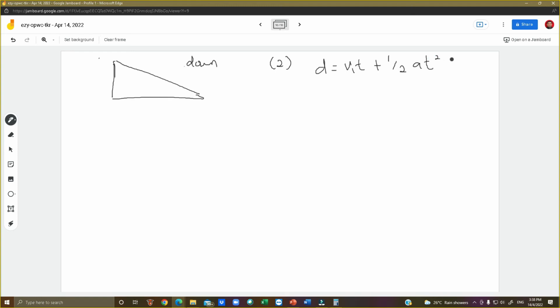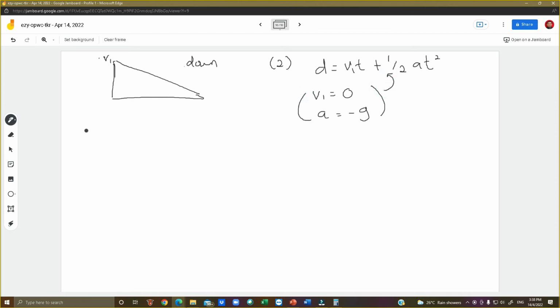Alright. Now, we know that it start here. So, V1 dekat atas means that we have the first information, V1 is 0 because dia dekat apex. And then, second information is A, negative G. So, we are going to substitute these two information into here.